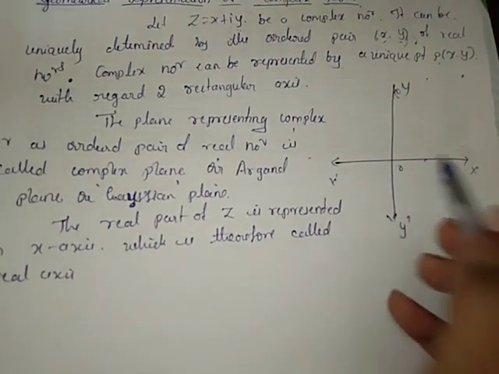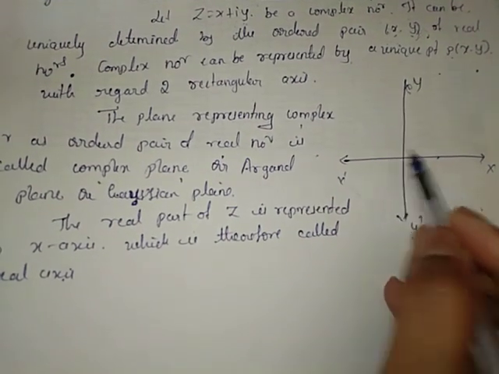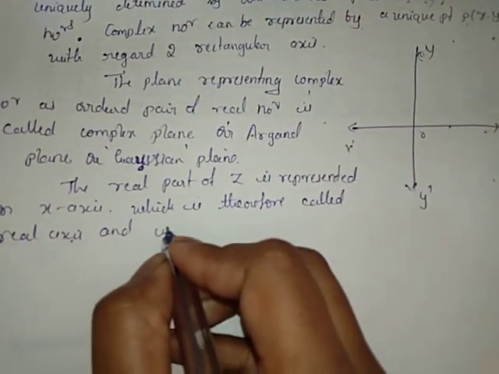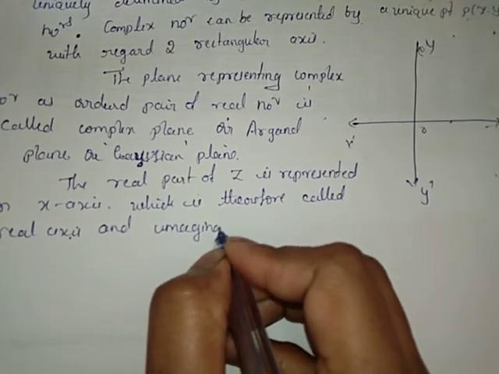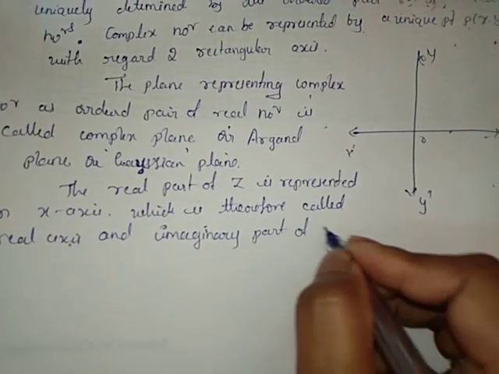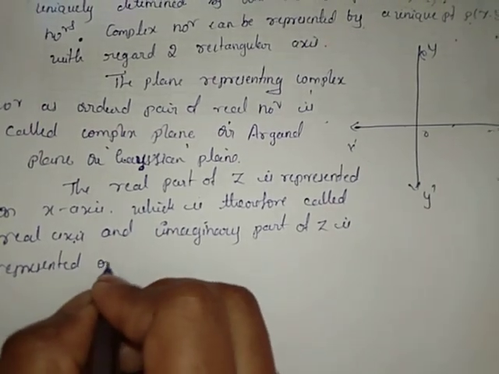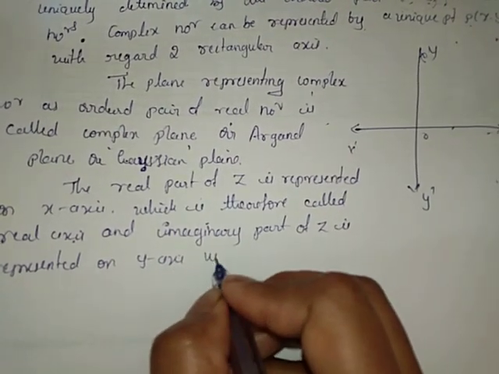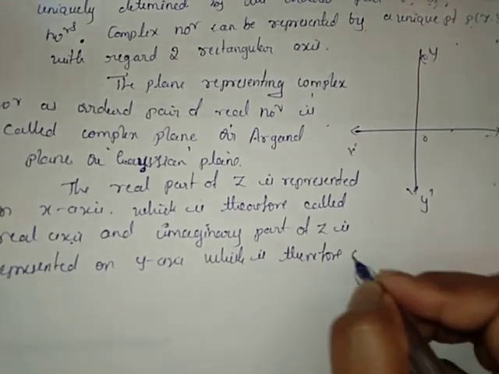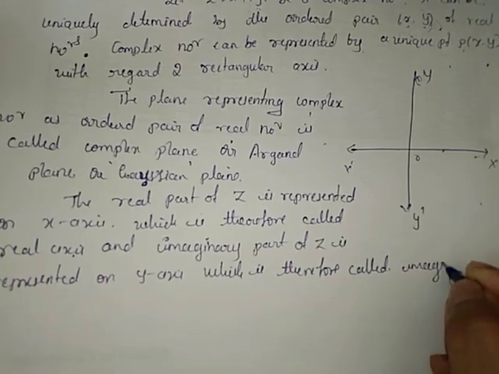Means the x-axis will be called the real axis, because we represent the real part of z on the x-axis. Therefore it is called a real axis. And the imaginary part of z is represented on the y-axis, which is therefore called the imaginary axis.